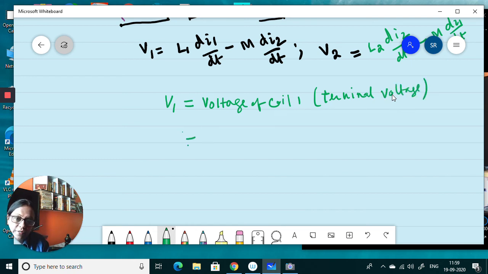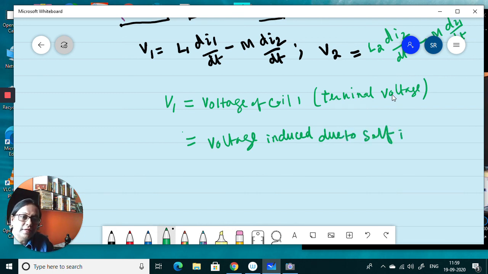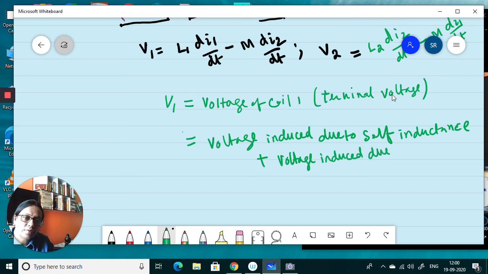This is equal to the voltage induced due to self-inductance plus the voltage induced due to mutual inductance. Clear?